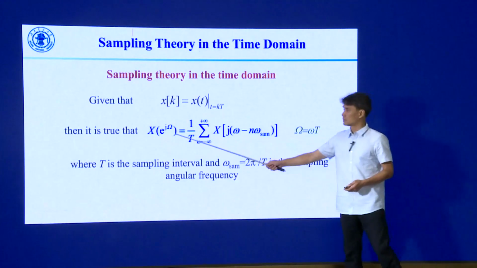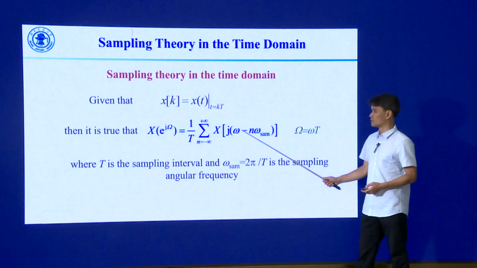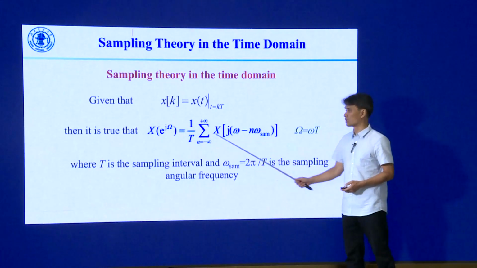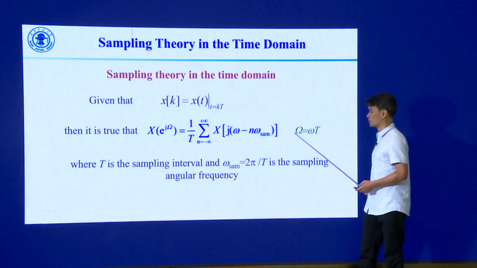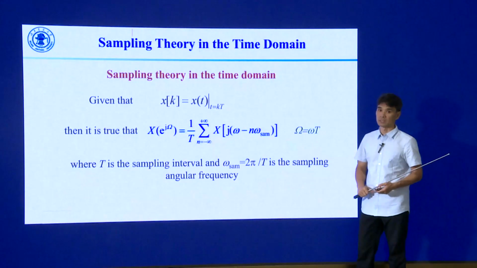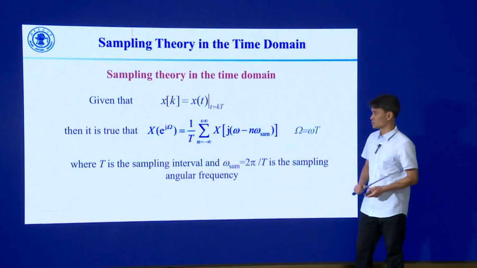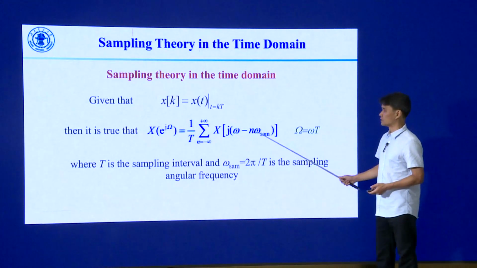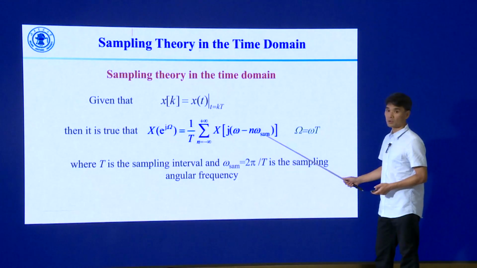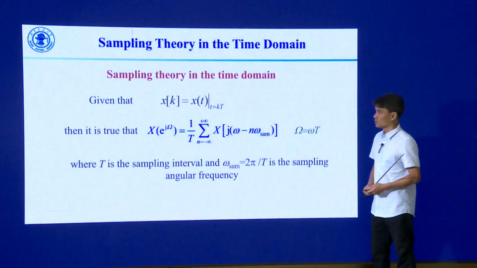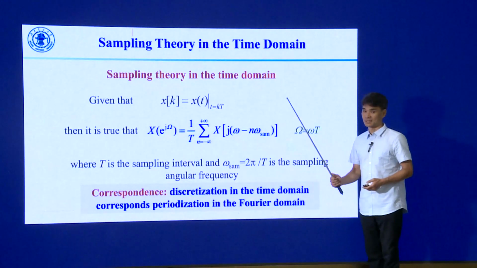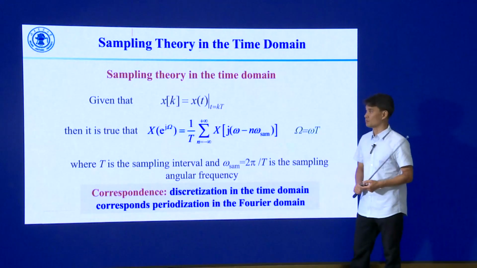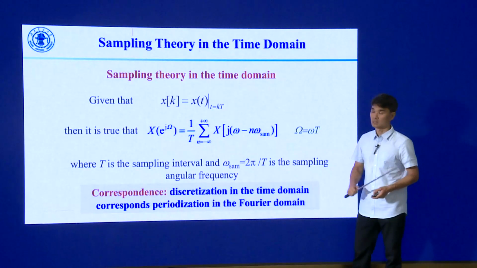First of all, the independent variables in these two parts are not the same, and there is a relationship between the capital Omega and the small omega. Also, the interval of the sampling in the time domain is related to the sampling angular frequency in the frequency domain. And here is, one more time, the correspondence between the time domain and the frequency domain.